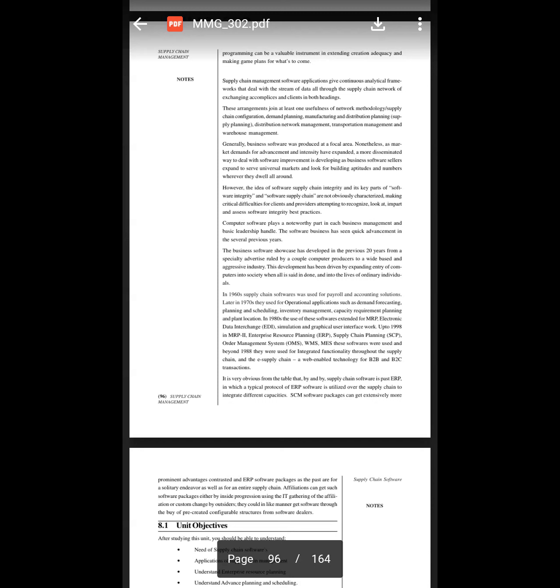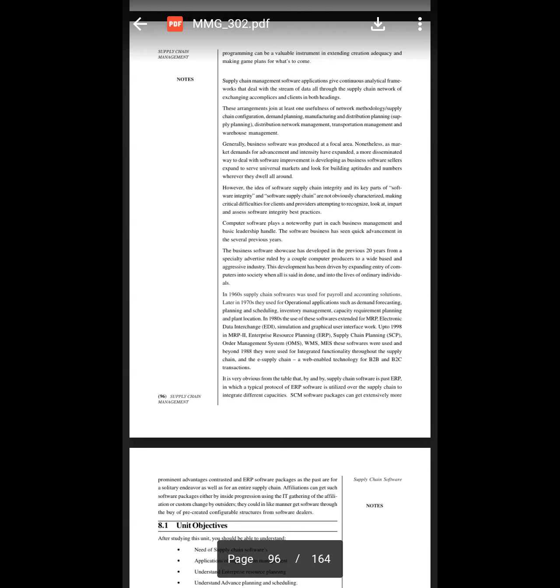They have given the example of the 1960s, when it was used for payroll and accounting solutions, and later in the 1970s it was used in operational applications such as demand forecasting, planning and scheduling, inventory management, capacity requirement planning, and plant location. So in the 1970s this software played an important role.